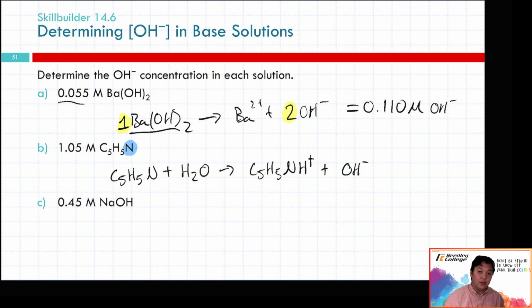So once you've written out this reaction equation, you can see that we've got a 1 to 1 ratio. And so we're going to have, because it's a weak base, less than.